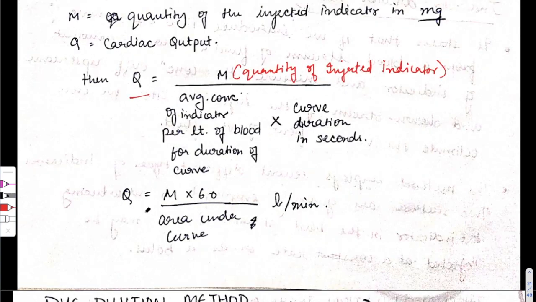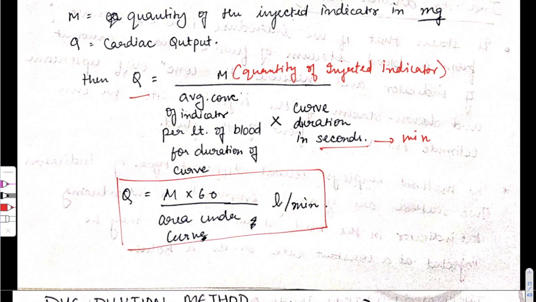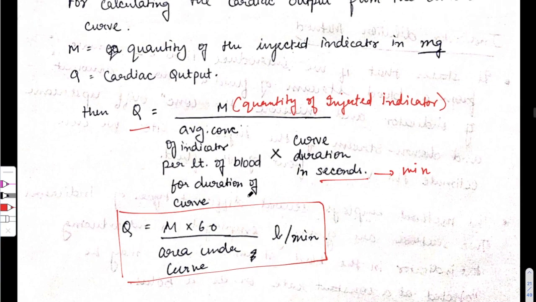If we convert these seconds to minutes, we get a term of 1 by 60, and we can write the cardiac output as q is equal to m into 60 upon the area under the curve. Area under the curve here means this.